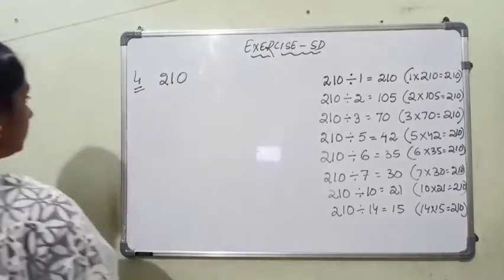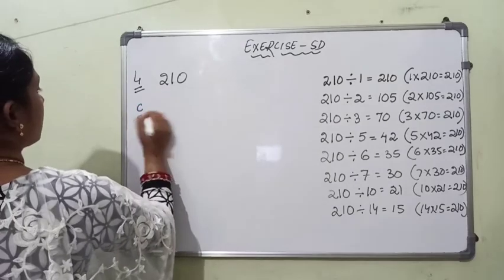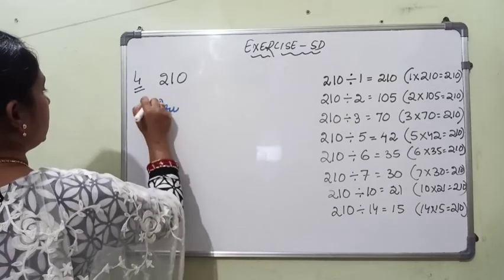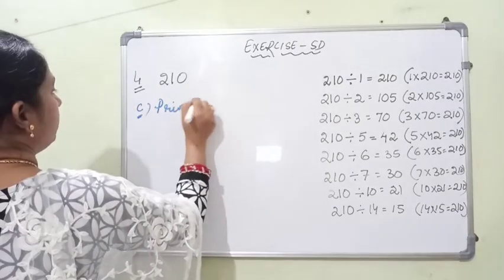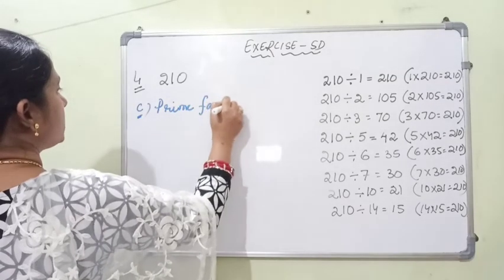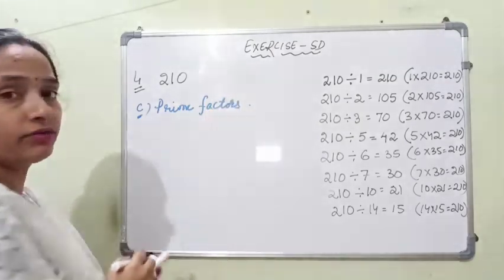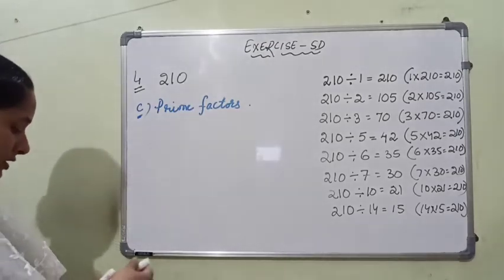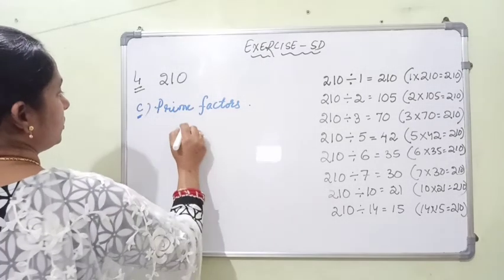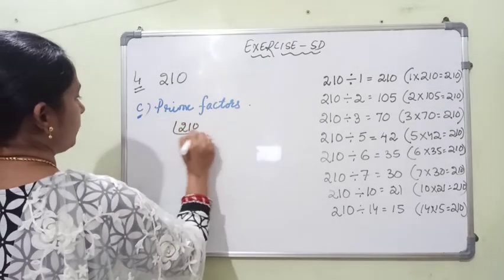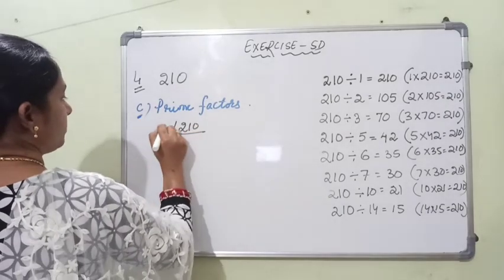Bit C, you have to find all the prime factors. So let's do the prime factorization of 210 by division method.